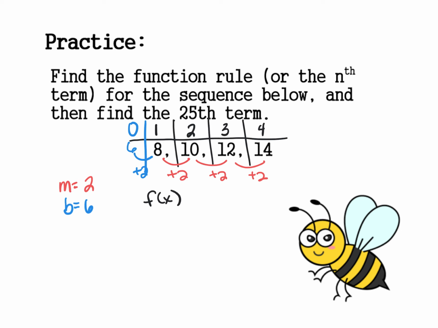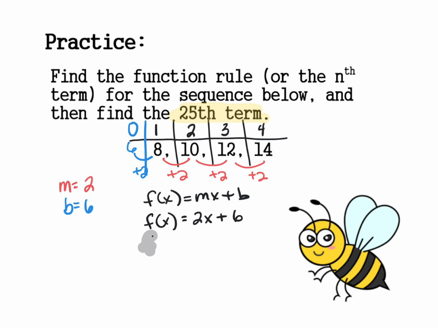So let's go ahead and write our function rule. We know f of x equals mx plus b. In our case here, my slope is 2, and then my y-intercept is 6. In our situation here, they want to know the 25th term. So I want to find f of 25.